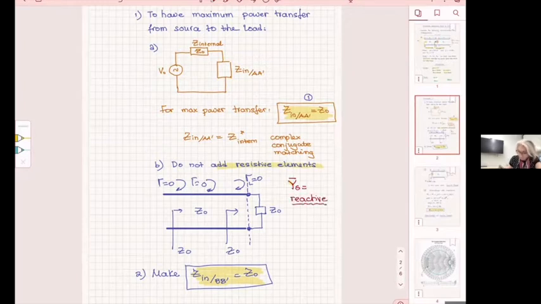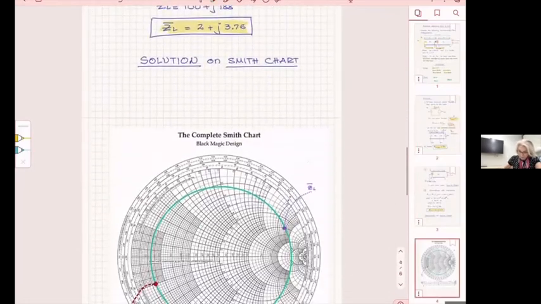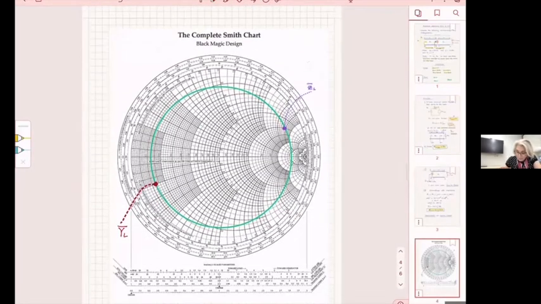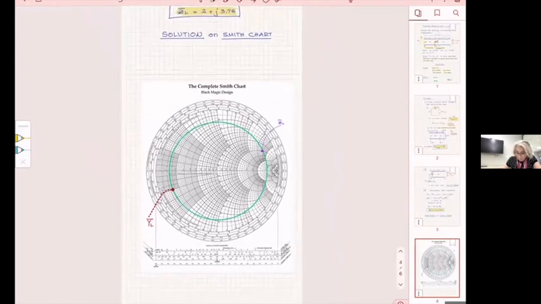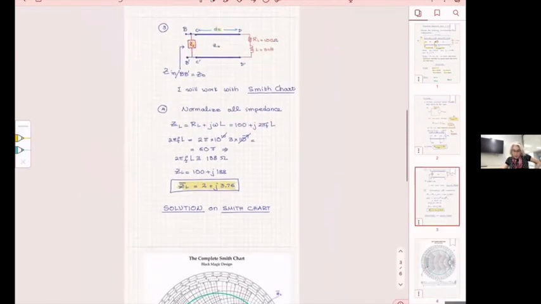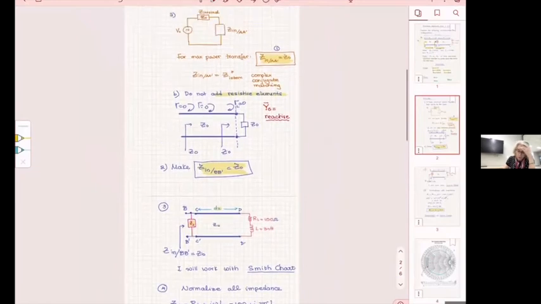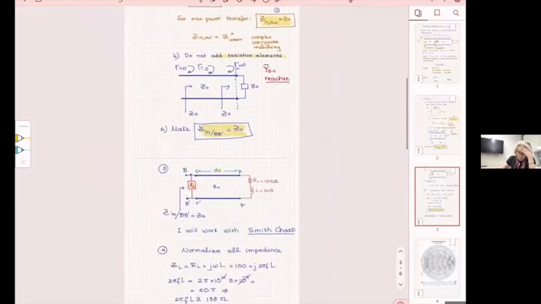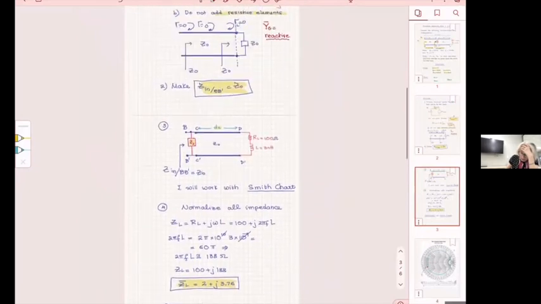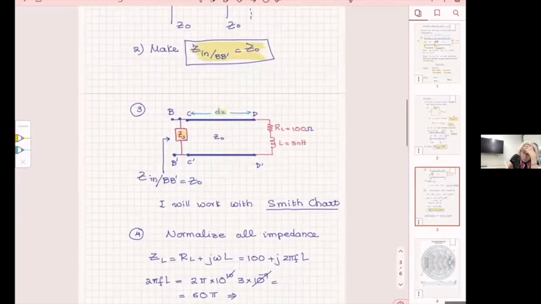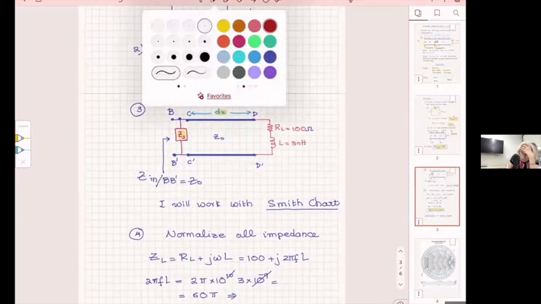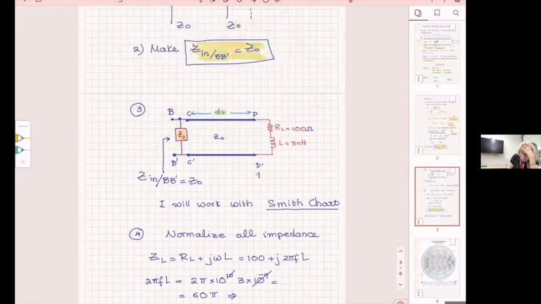Okay, but how are we going to do this? So the one important thing to keep in mind is the following. When I move on this line here like this, from the load, I'm moving this way.